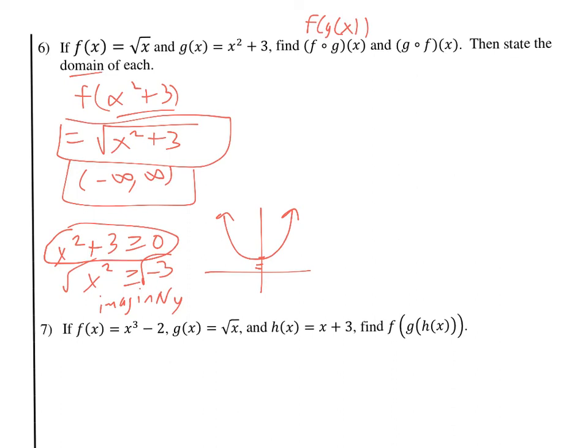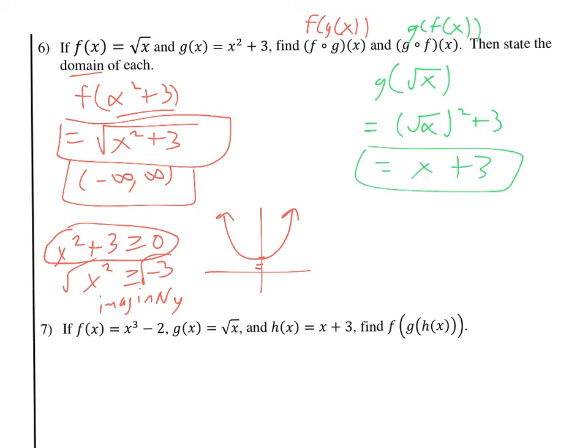All right, so let's take a look at the next piece, which is g of f of x. So this one's going to be g of rad x, and so that'll be rad x squared plus 3, which the radical and the squared would cancel each other out, and we just get x plus 3.